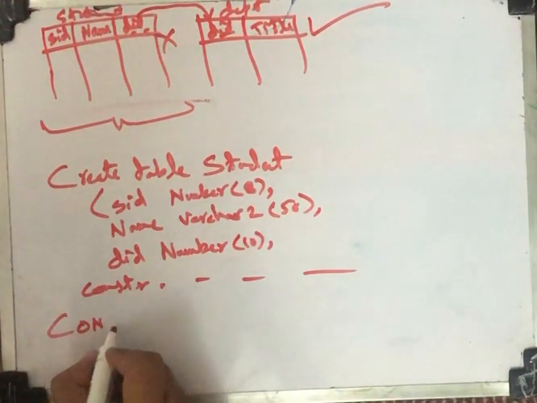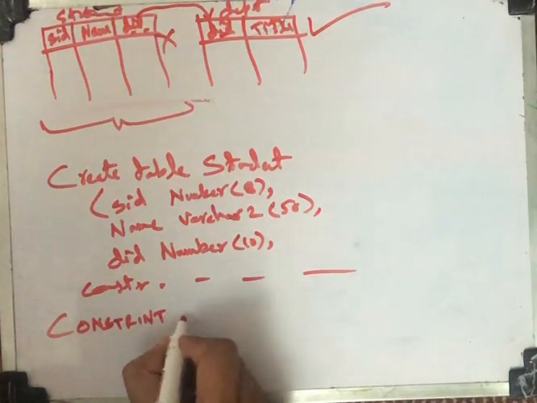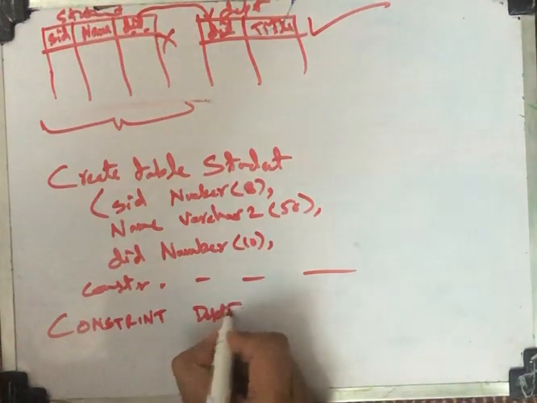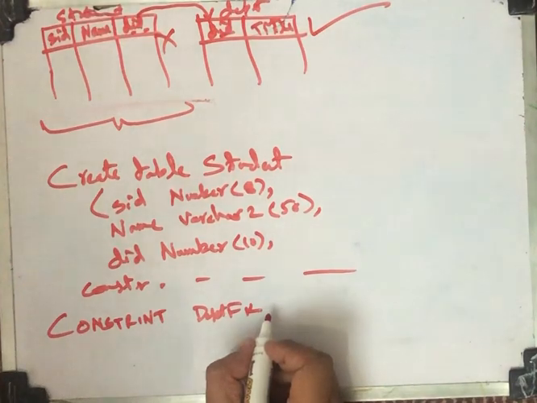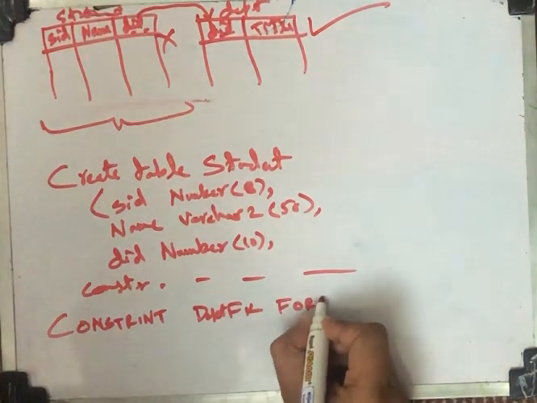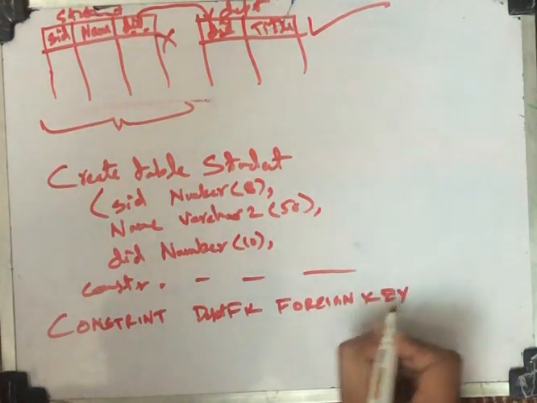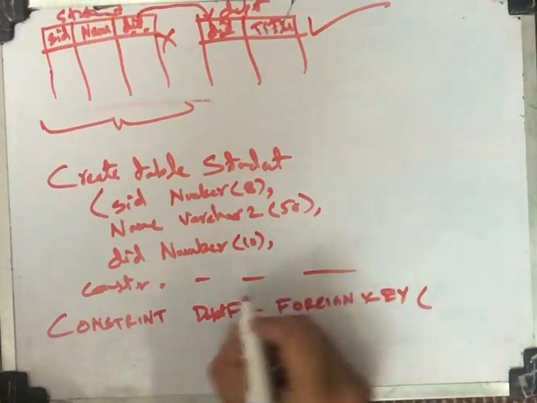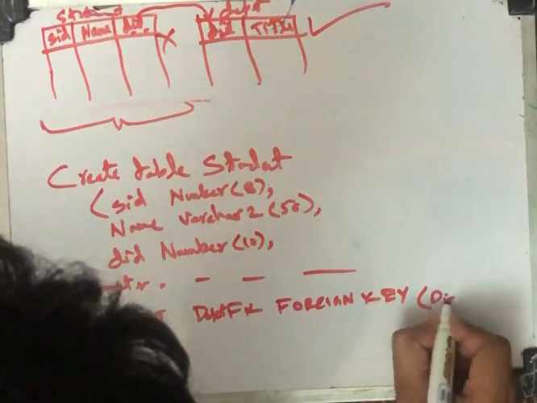In order to define that constraint, I'll write the constraint keyword, then a user defined name. For example, I can say DEPT foreign key. Then I'll write FOREIGN KEY, which is a keyword, and then the name of the column in this relation which is the foreign key, that is DID.